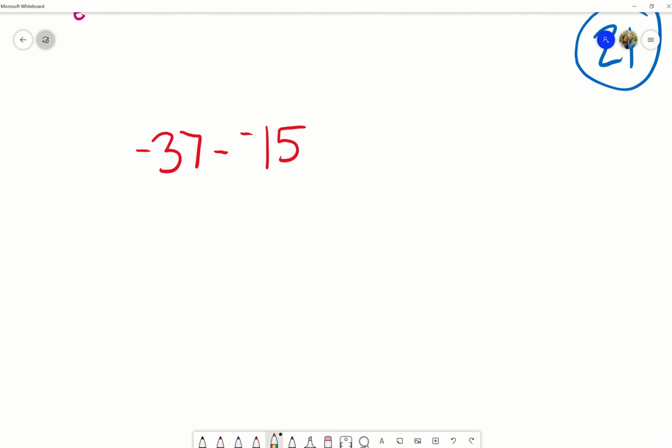My rule for subtraction is don't subtract. So I'm going to keep, change, opposite. Keep my first value. Change my sign from subtraction to addition. And in order to change my sign, I have to make this second number into the opposite. The opposite of negative 15 is positive 15.